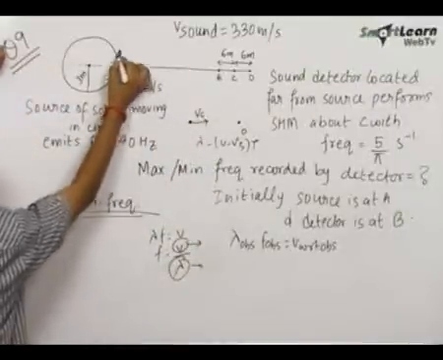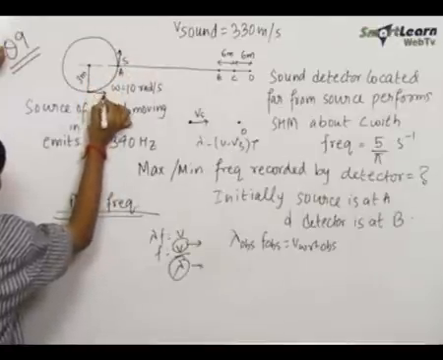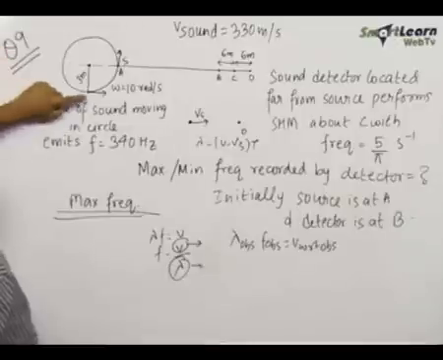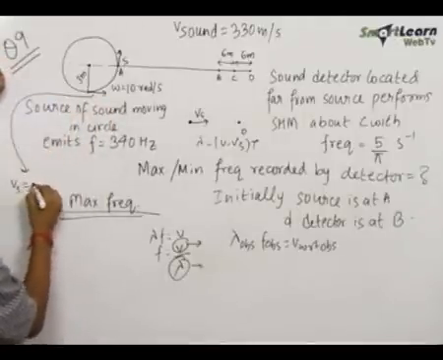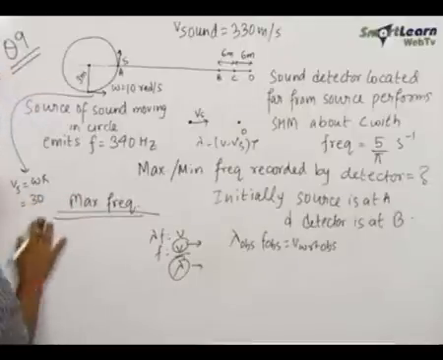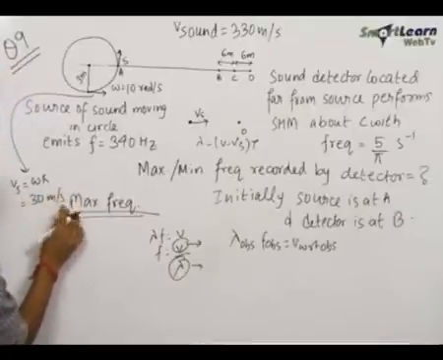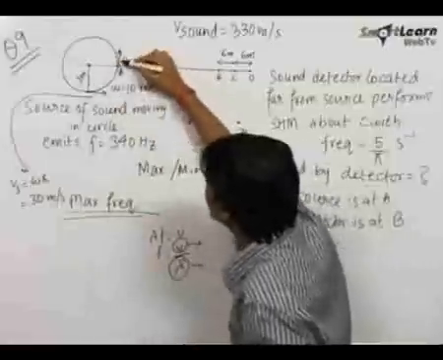Let us take the case when it rotates an angle of 3 pi by 2 and is at point P with its velocity in this direction. Now at this point of time, Vs will be equal to omega r, that is equal to 10 into 3, that is equal to 30 meters per second. Now let us find out the time taken by A to reach here.